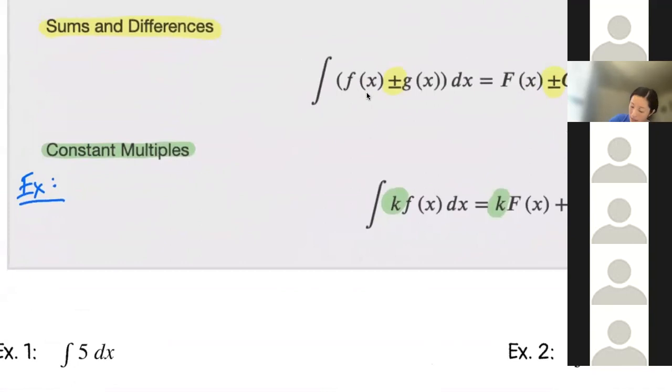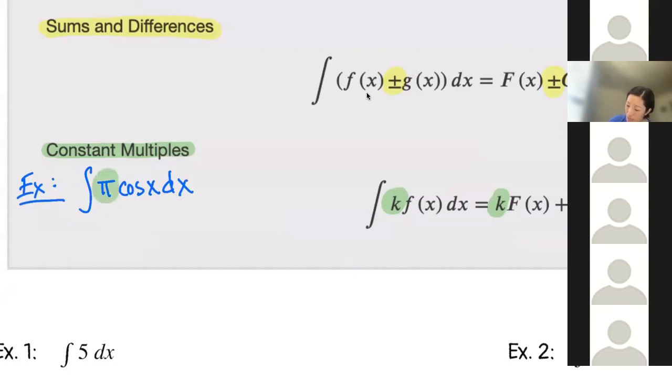So let's say that you had the integral of pi cosine x dx. What's my k value here? What's the constant that I'm multiplying in? Yeah, it's that pi.